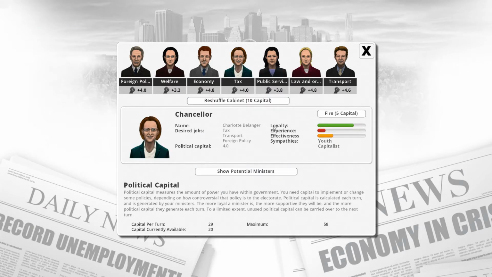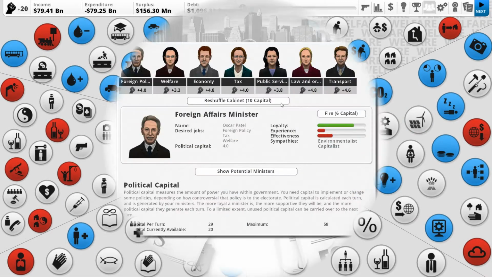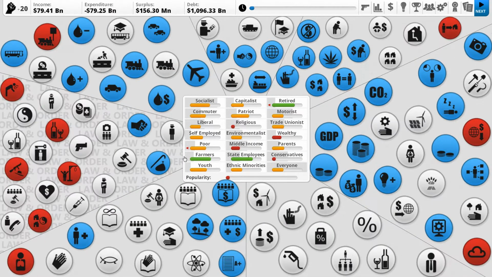And if somebody doesn't like us, they can either get fired or leave. They also have sympathies with certain groups, which means that their loyalty to you will rise or drop depending on what you do with these groups. So typically you want to pick a few groups from here that you think you can best treat, and then try and rig your cabinet so that it's just full of people who are into that stuff.